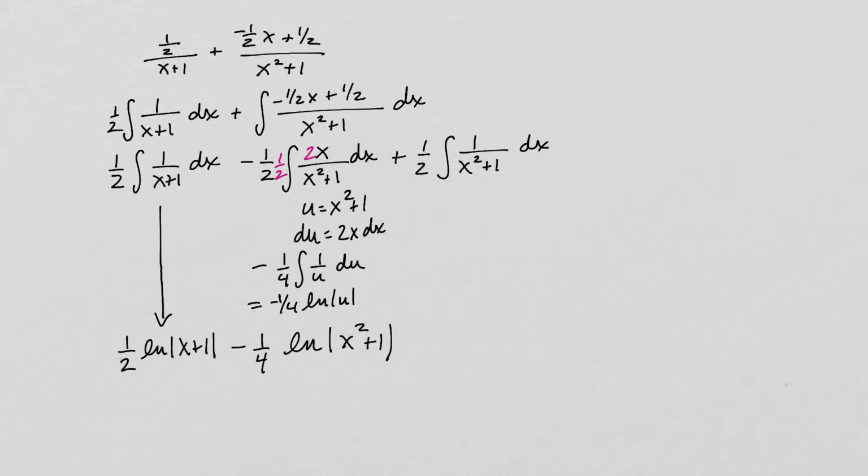And then the last one is just the derivative of inverse tangent. So this is going to be plus 1/2 tangent inverse of x plus c. Questions on any of that?